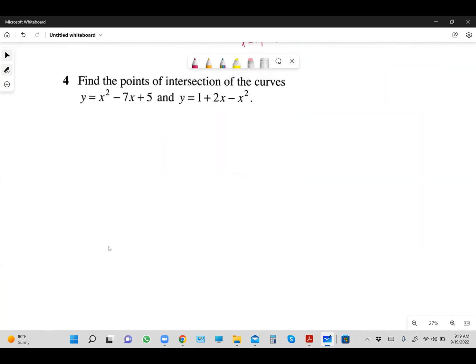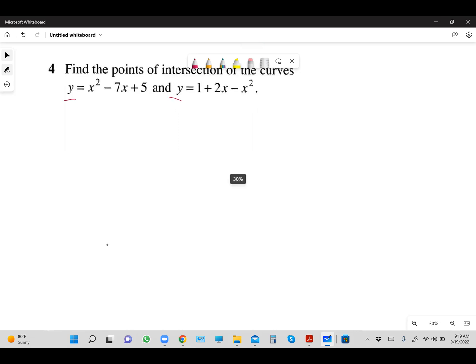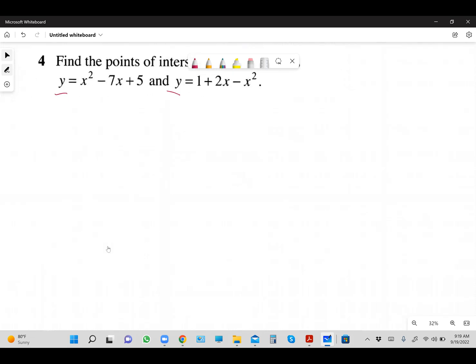How would you begin to solve that one? Find a point of intersections of the curve. So didn't we do that in chapter 1? Yes. Yeah. Does y equal to y? Oh, yeah.